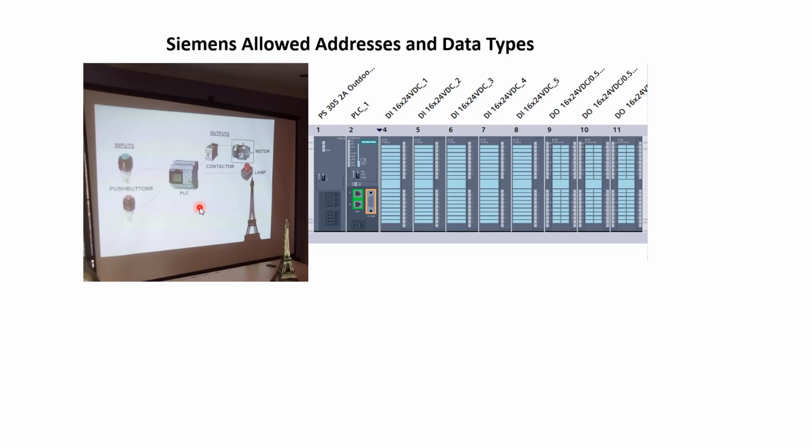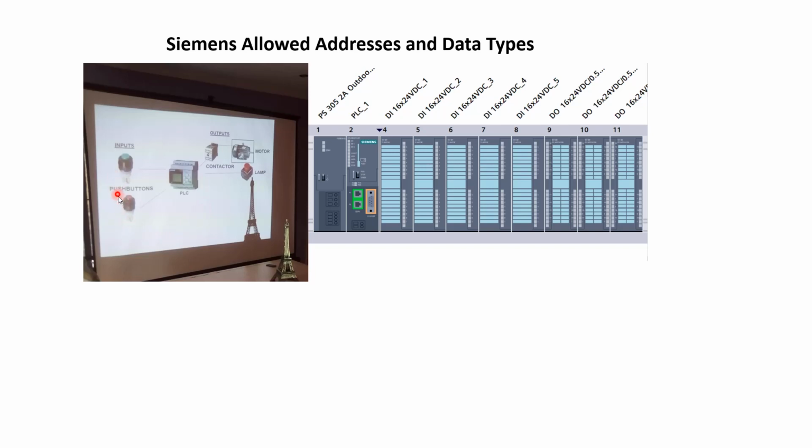It also needs to know which addresses must be actuated as on or off based on the program. The outputs also need addresses. Each and every output, whether a relay, an indicator lamp, or anything, must be given an address so that the PLC knows exactly which one must be turned on or off.